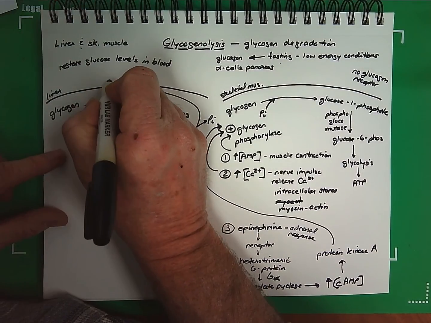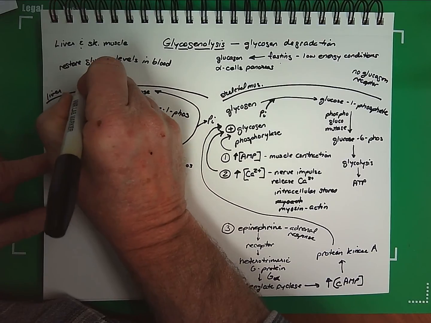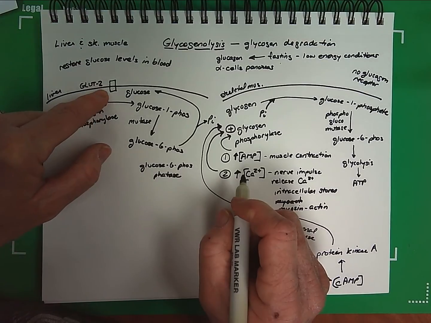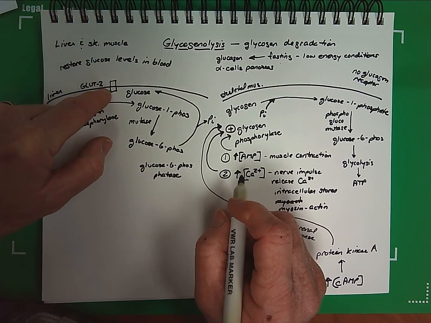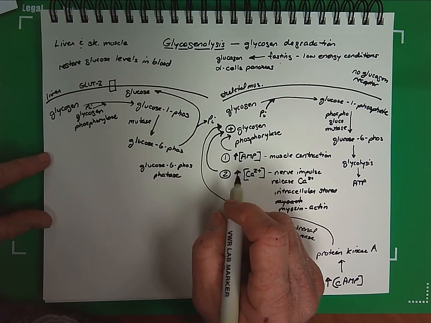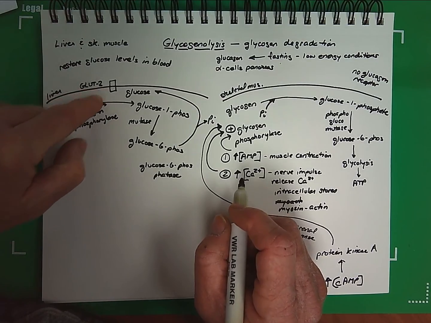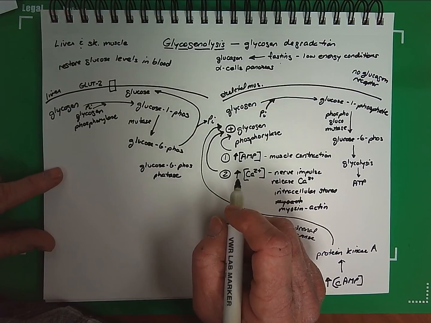Now, recall that the GLUT2 transporter is always on the surface of the liver. This is not an insulin responsive transporter, so it's always there. It works by high concentrations of glucose because it's a low affinity transporter.